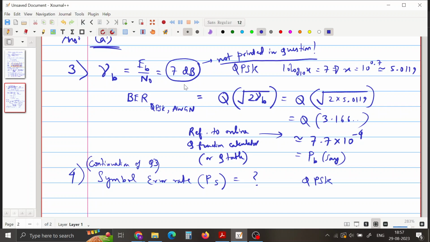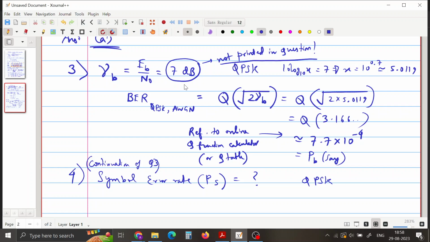In general, if a log normal shadowing environment is given, then we take the Q function in dB. You remember the formula of probability of outage, given by Q function of beta by sigma. There your sigma, the standard deviation of your log normal distribution, is in dB because it's normal in the log scale. Therefore all these parameters are in dB. That was an exceptional case. Otherwise, in general, you always convert from dB to linear, and only then apply it to this formula.